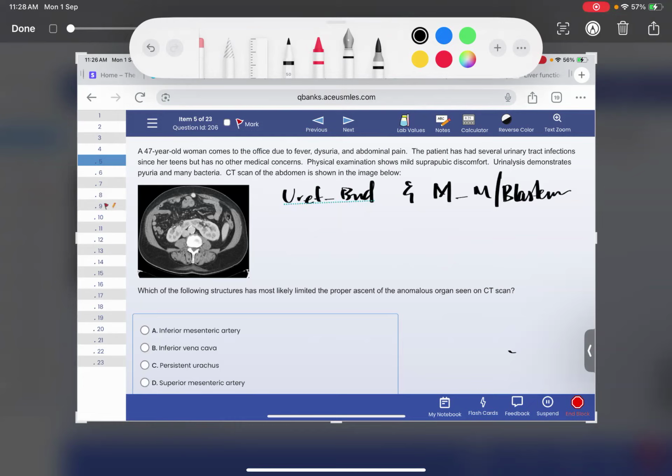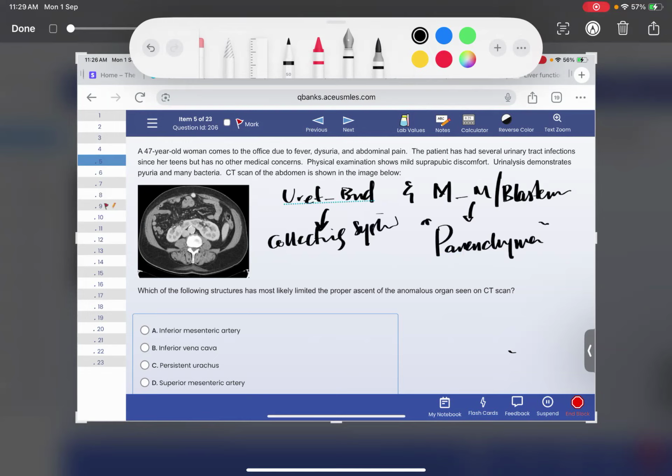So tell me, what is the metanephric mesenchyme forming? It forms the parenchyma of the kidney, okay? And the ureteric bud forms the collecting system. This is very high yield.